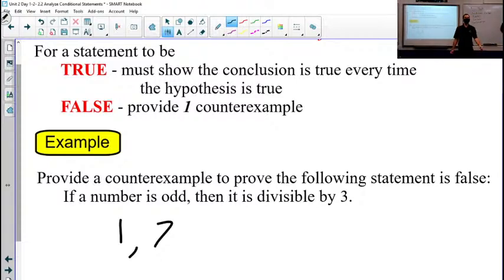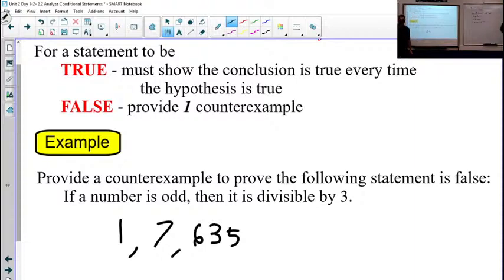Anyone got one bigger than 50? I'll give you one. 635.